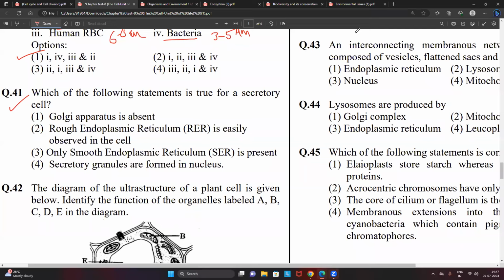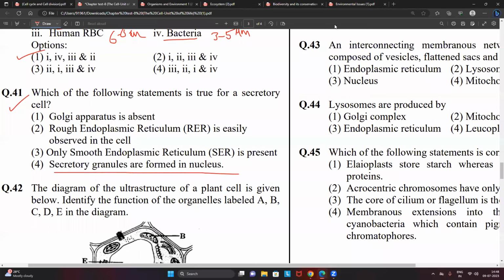Which of the following statements is true for a secretory cell? Everyone given the answer? Question number 41, true for a secretory cell. It's a good question. It's an experimental based question. Friends, where can you observe secretory granules in the nucleus?